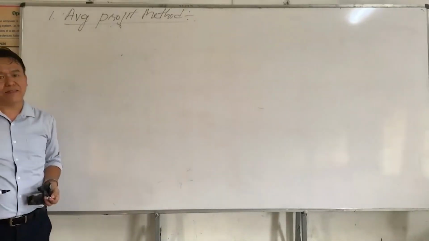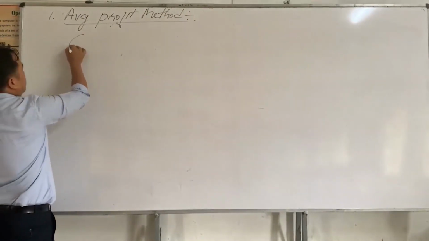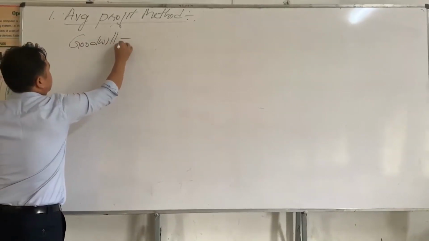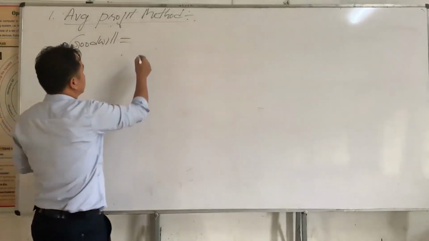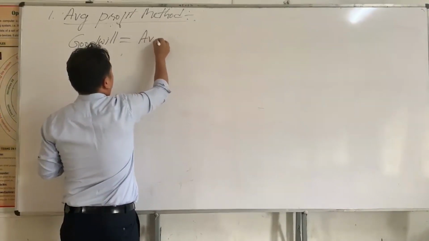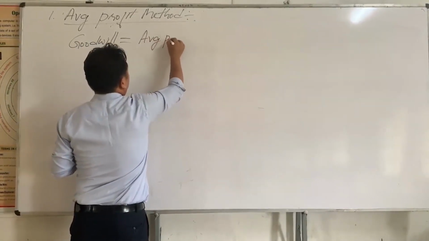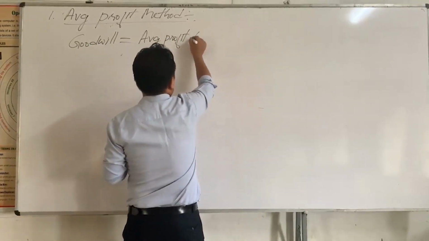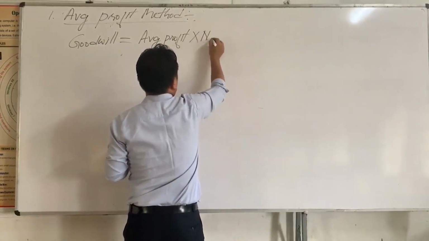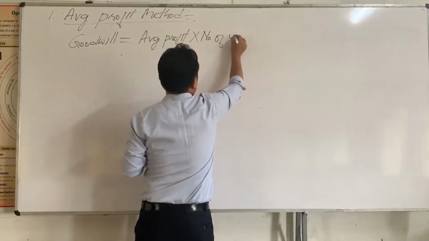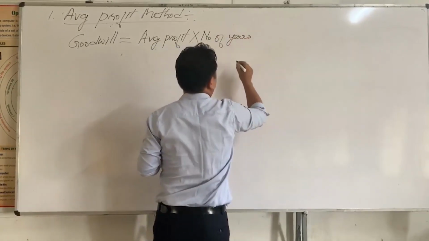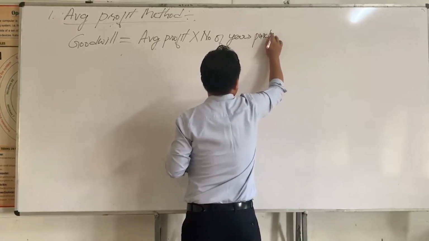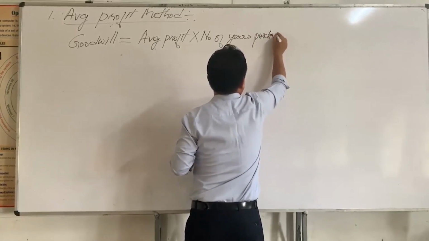Under this method, goodwill is equal to average profit multiplied by number of years purchase.